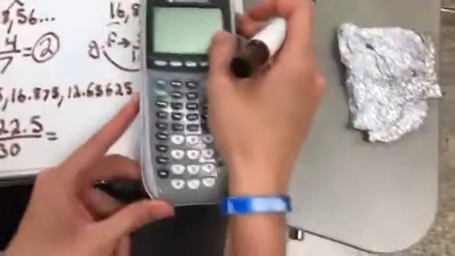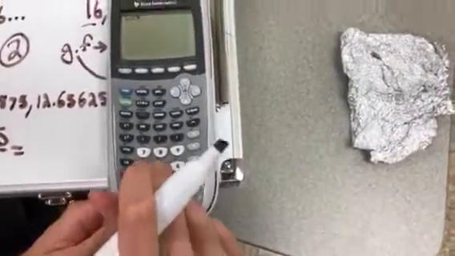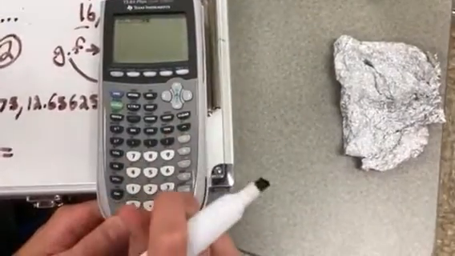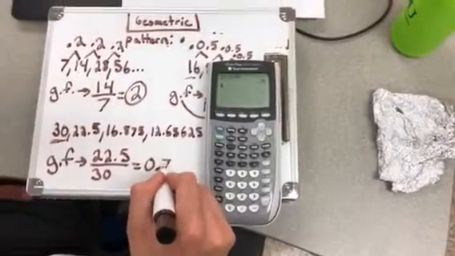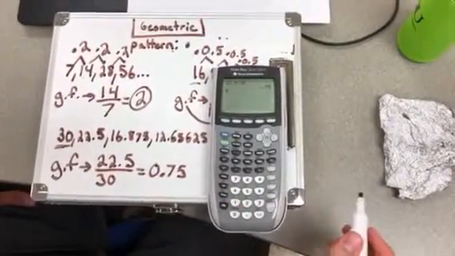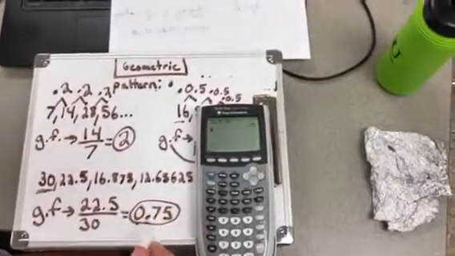And here I'm going to use a calculator. So I do 22.5 divided by 30, okay? And I find my growth factor is 0.75.